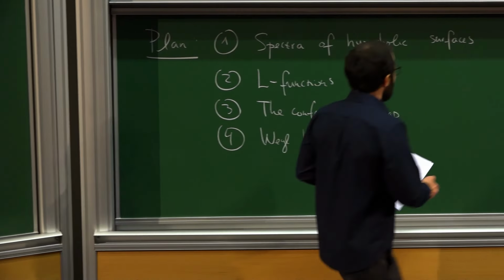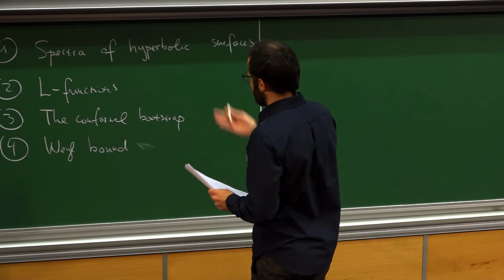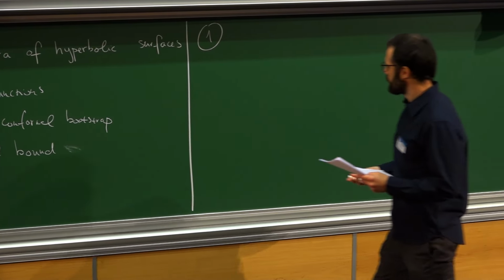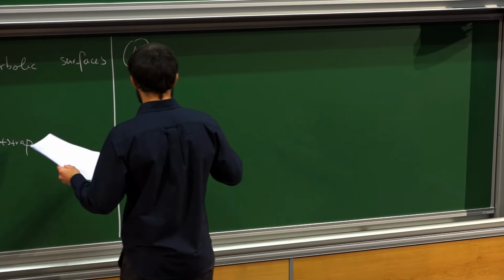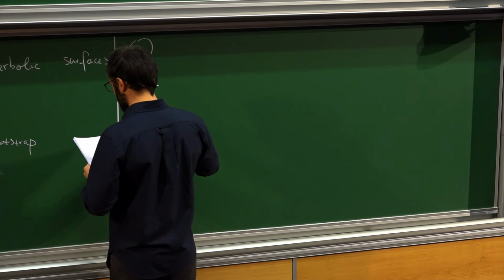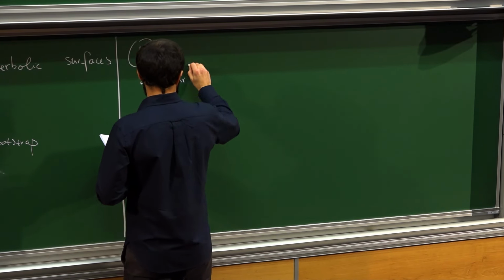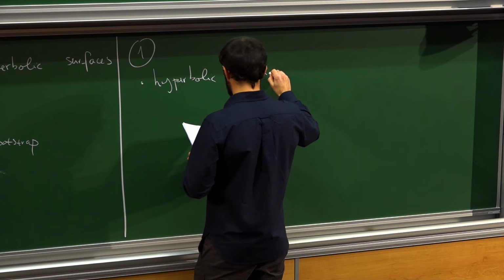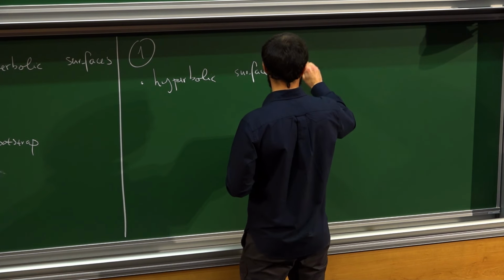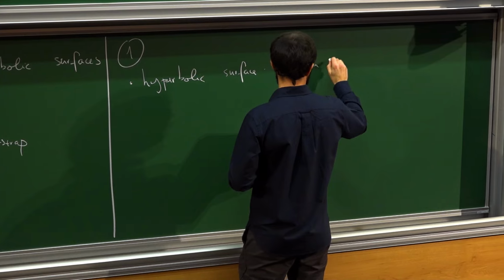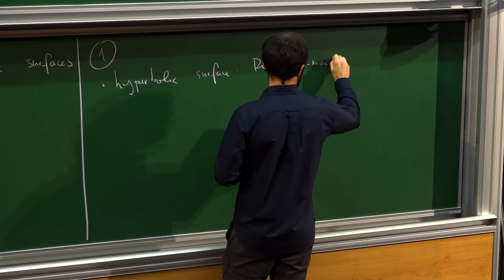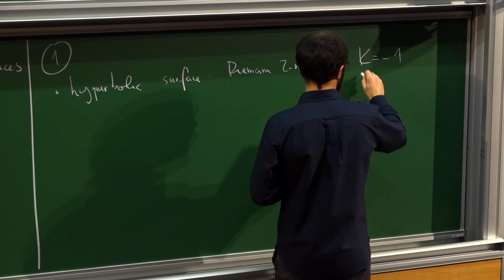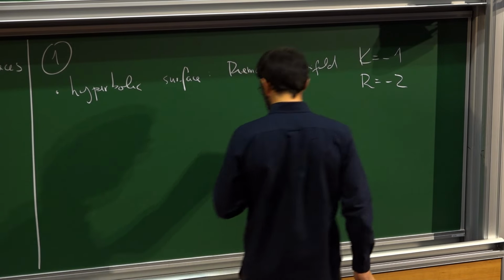All right. So with that, let me start with one. Spectra of hyperbolic surfaces. Like I say, I'll try to be very, very pedagogical, so my apologies if this is too slow. A hyperbolic surface for me means a Riemannian 2-manifold with constant negative curvature that we are going to normalize to -1, or if you prefer talking about the Ricci scalar, then in this normalization it's -2.